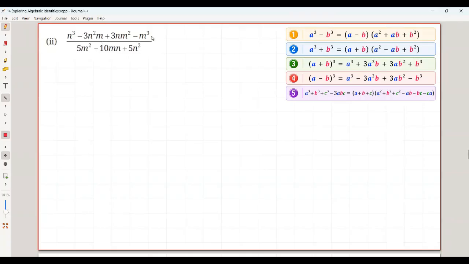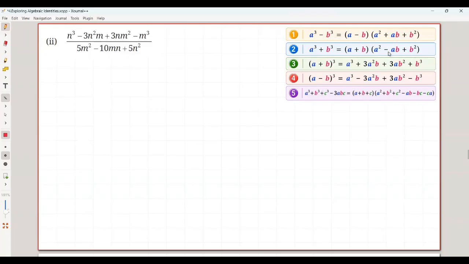Cubic means think about cubic identity, square means you have to think about square identity. In the cubic here we have minus also, so you have to think about the minus identity and compare which form this is in.